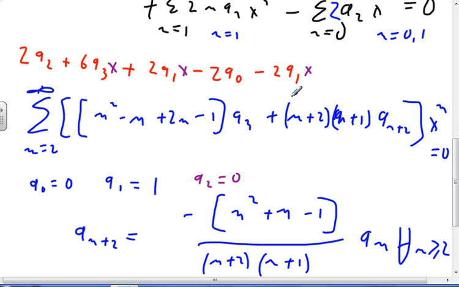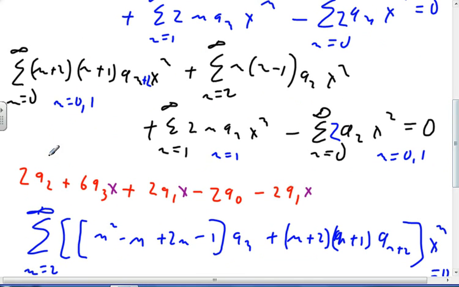How did I mess that up? I messed that up pretty bad. Okay, we're going to come back and look at it again. When I have 0 in here, I have 2 times a2. When I have 1 in there, I have 3 times 2, which is 6, a3x. I have the 1 term, 2a1x. I have the 0 term, 2a0.